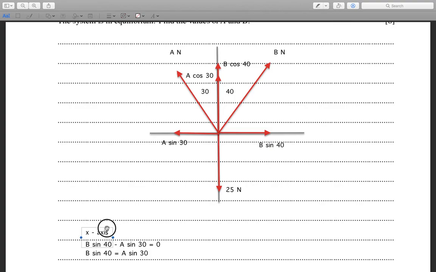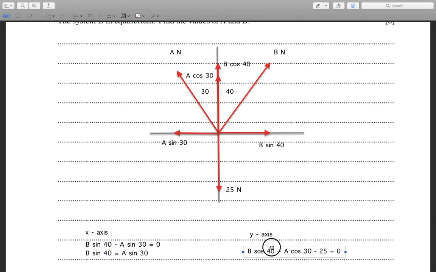So in the y direction, on the y axis, we have B cos 40 plus A cos 30 minus 25 equals 0.